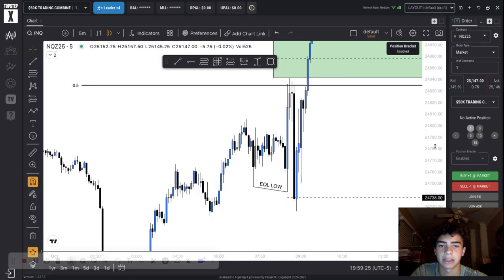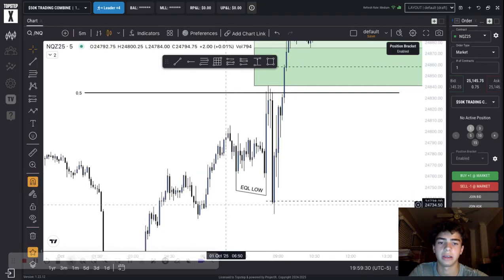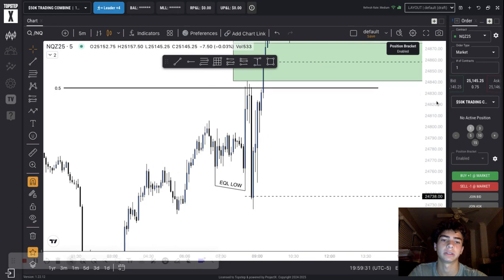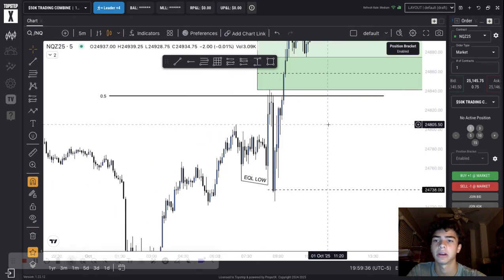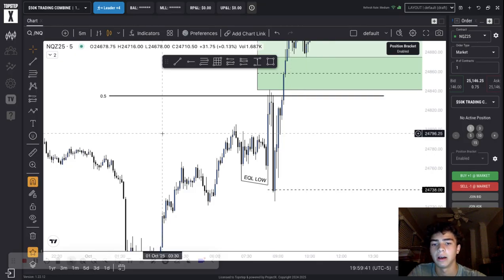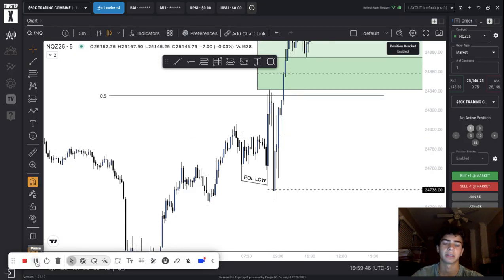It all depends on the setup, but a lot of times you can just target the equal lows or equal highs as a take profit for your trade because it's such high conviction that price is going to want to head towards there. Because as I was saying earlier, it's double the amount of liquidity, double the magnets, double the pull. Price is going to want to push towards those, and it usually pushes towards it pretty fast.